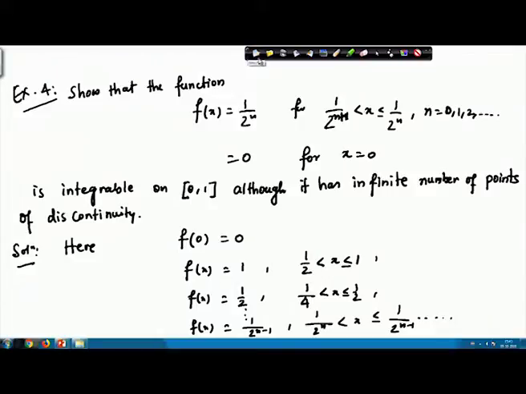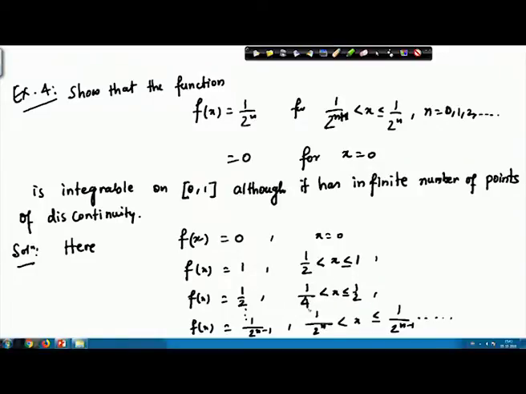So, when x equals 0, the function f(x) is 0 actually. Instead of having 0, I can write it as f(x) just to keep the same notation. When x is 0, f is 0. When x is between half and 1, then f(x) is 1.